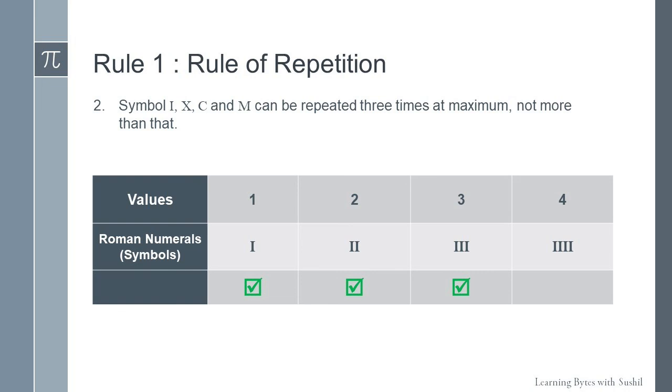Let's understand this with an example. 1 can be written as I, 2 can be written as II, 3 can be written as III. This is how you can represent 1, 2 and 3. But 4 cannot be represented as IIII. Why? Because we told you I cannot be repeated more than 3 times.